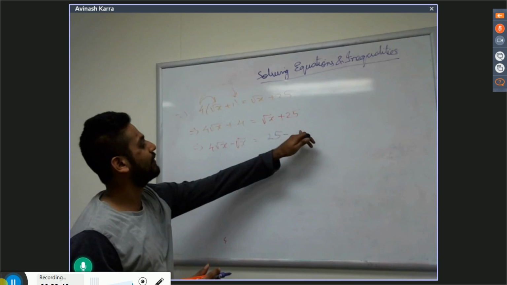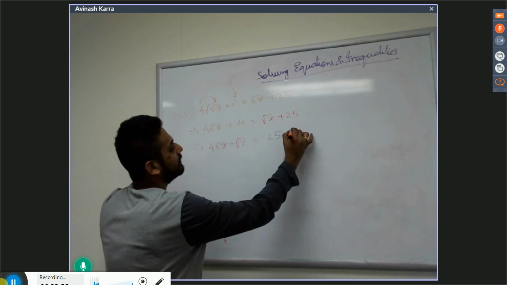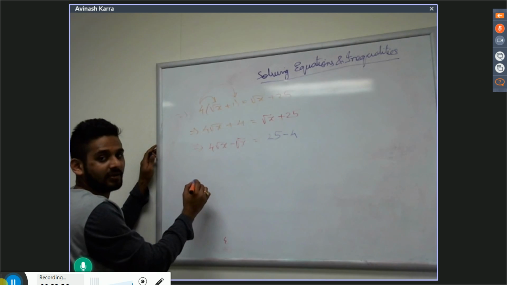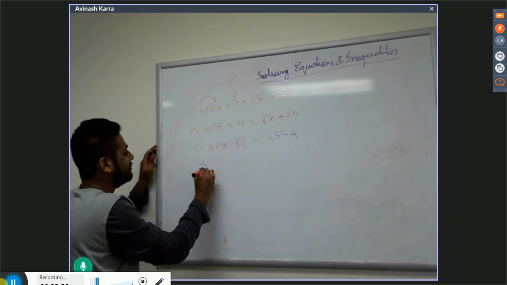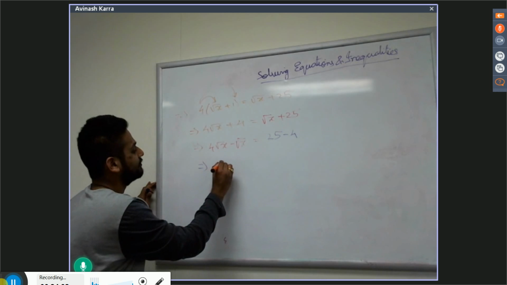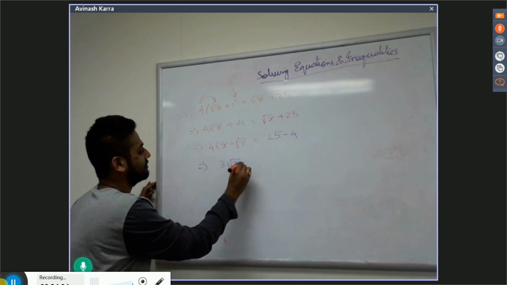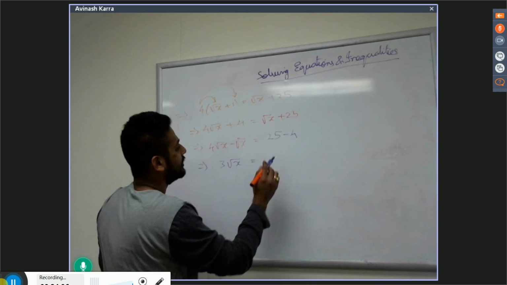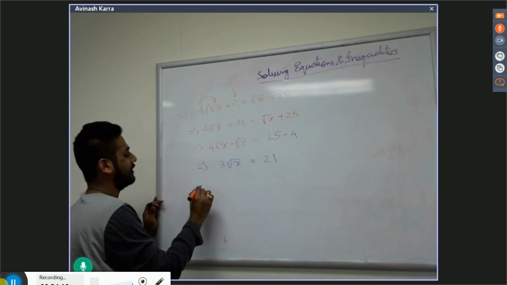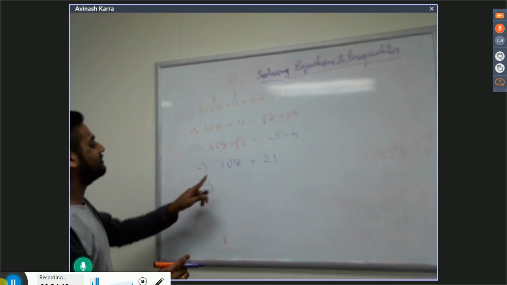It's adding. So when it goes to the RHS, it subtracts: 25 minus 4. So when I simplify this, 4 root x minus root x is 3 root x, equal to 25 minus 4. It's 21. And what will be the next step?